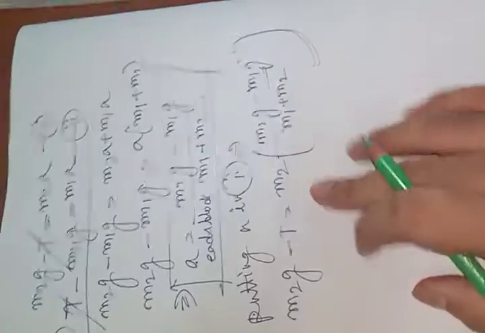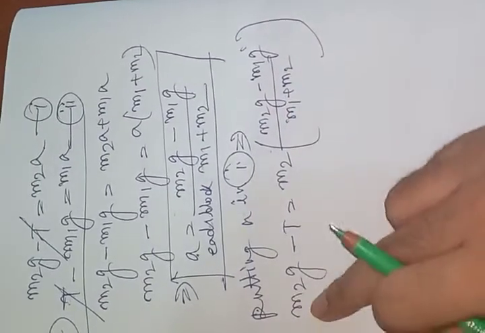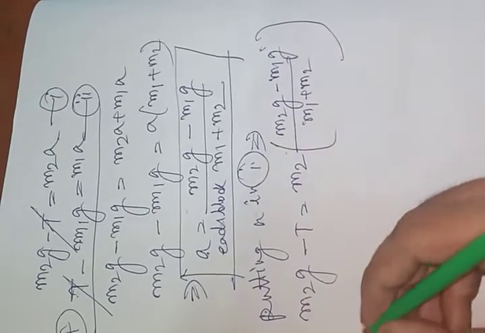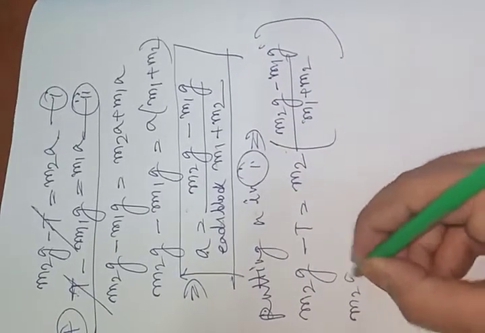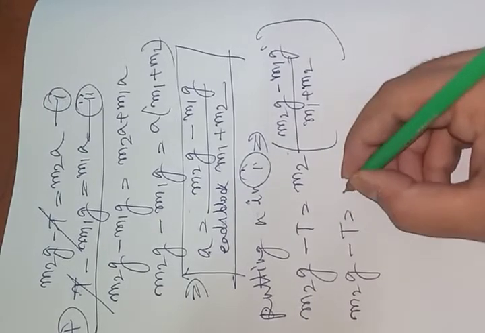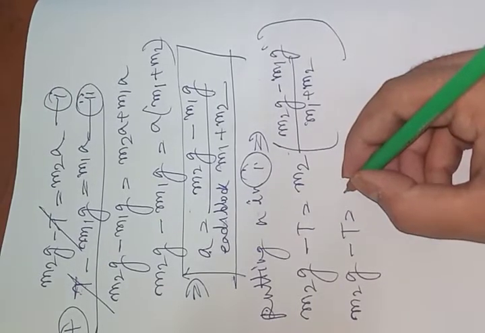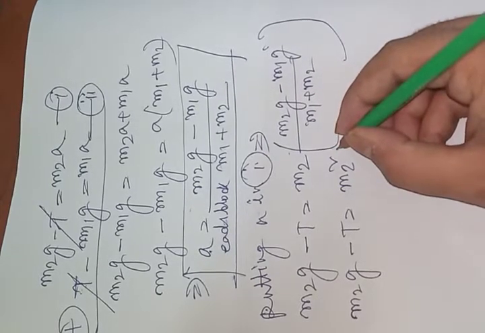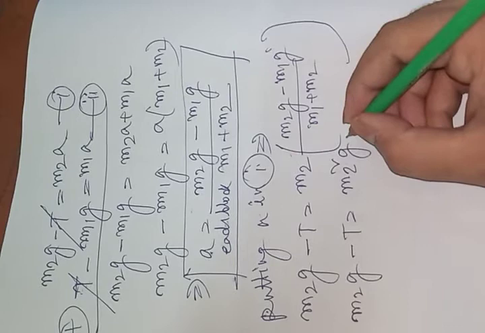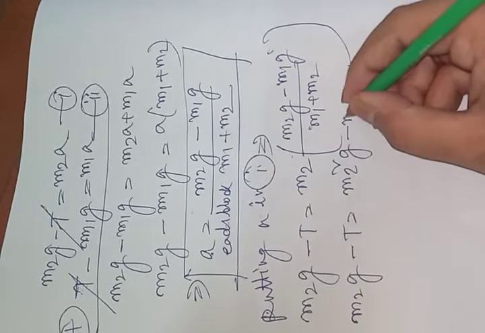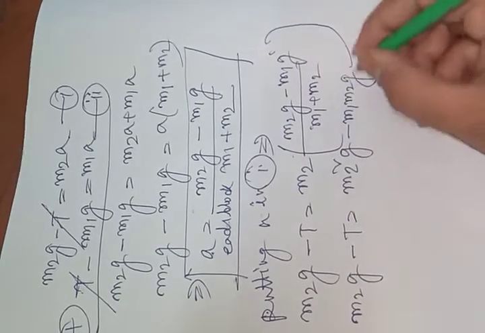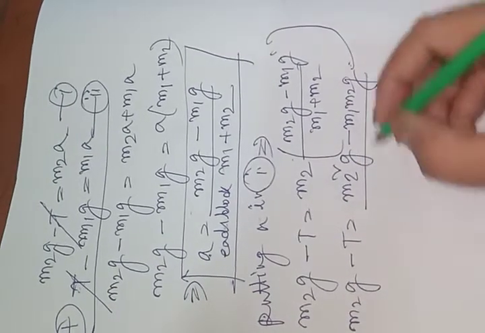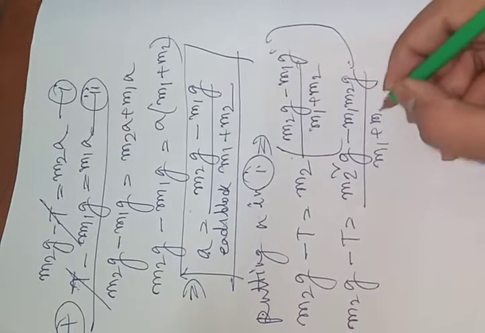So you see that m2g minus T equals m2 into (m2g minus m1g) by, so solve it. m2g minus T equals m2 square g minus m1 m2g divided by m1 plus m2.